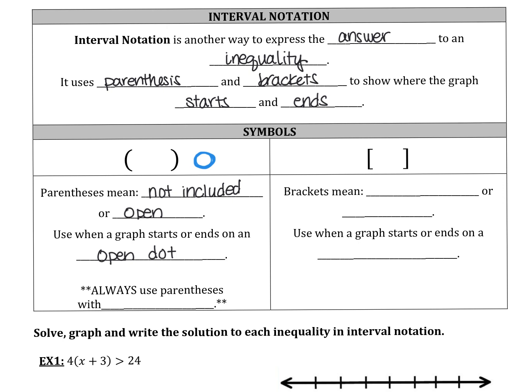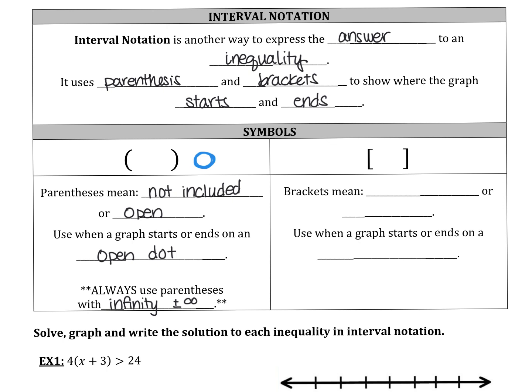Now, there's one key thing. We will always use parentheses with infinity. That's true for either positive or negative infinity. If we have infinity in our answer, then our interval notation will always have parentheses. Great. So hopefully you think, what could brackets mean?